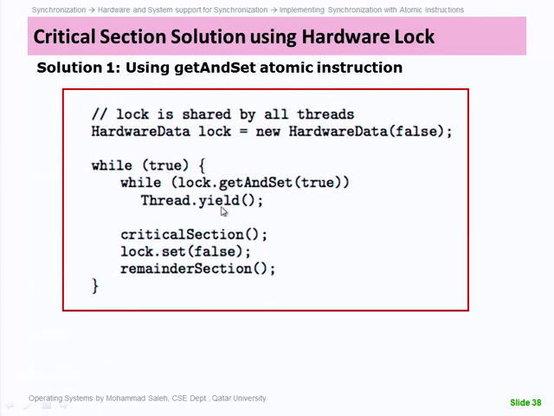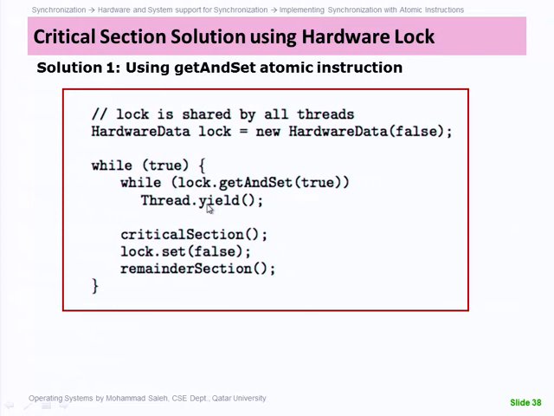But if the lock value was true, it means it is currently used by another thread, and you use get and set, what will happen? It will return the initial value of the lock, which is true, right? And it will set it to what? True. But when it returns true, you're still in the while loop. You will get into the body of the while loop.